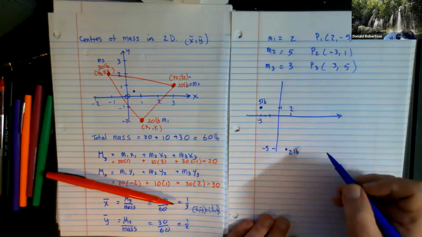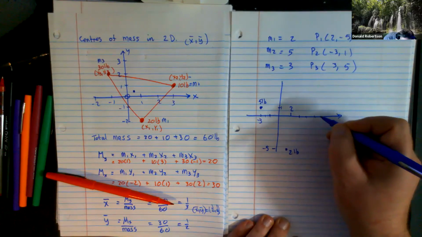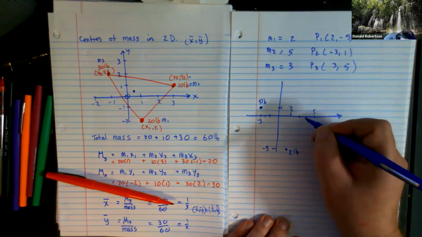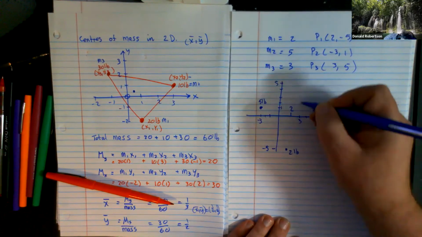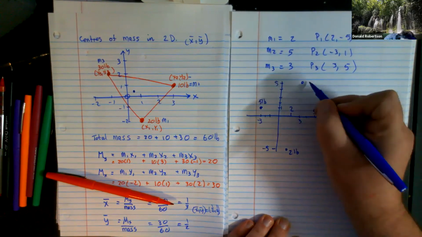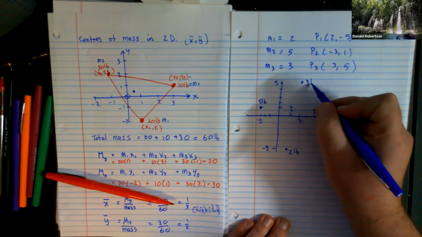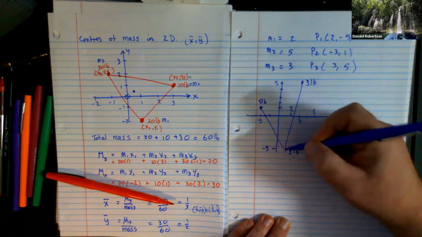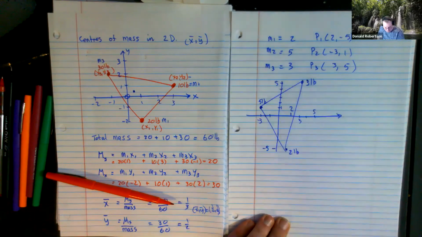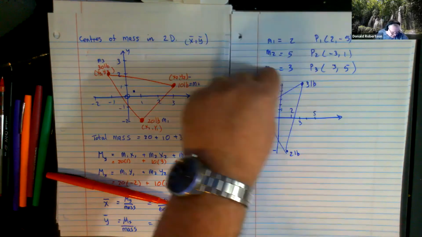And then at 3, 5, you have your third one, and your third one weighs 3 pounds. If you're a visual kind of person, there you go. But really, that's all you need.